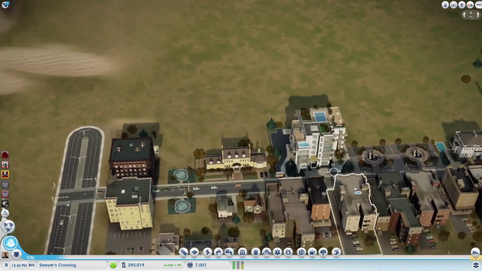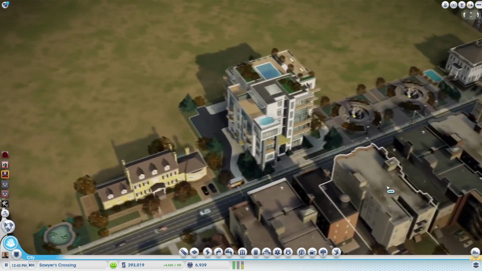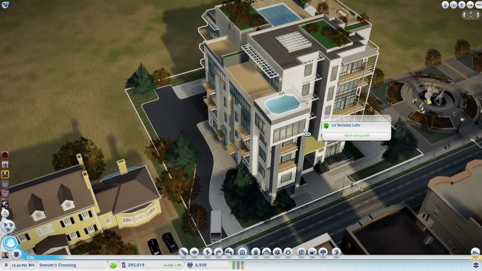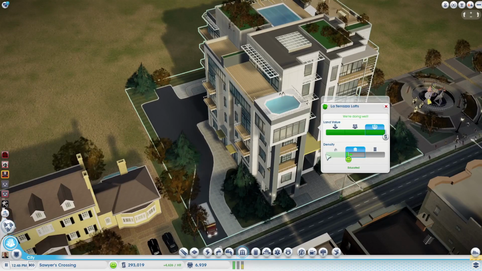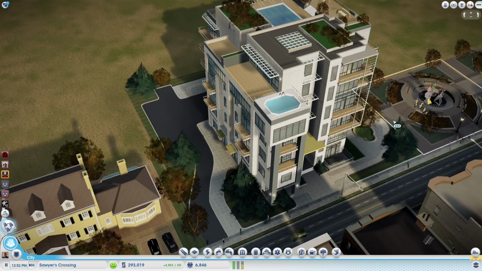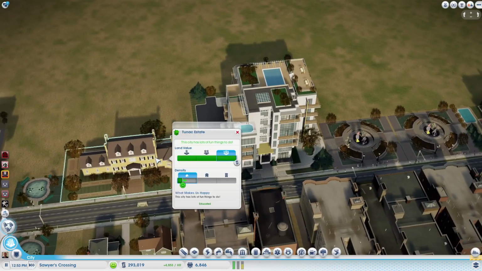So as long as you're keeping the people happy, these will convert. So this is already about 25% converted from medium to high. The arrow is working its way up. The people here are happy. Same thing here.